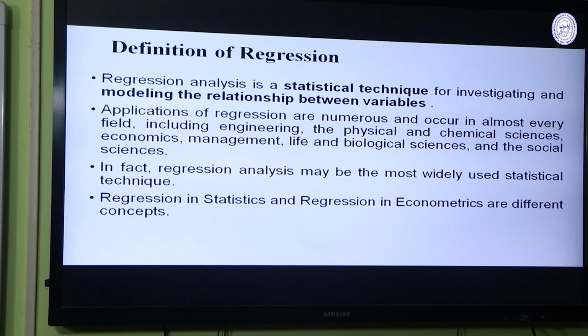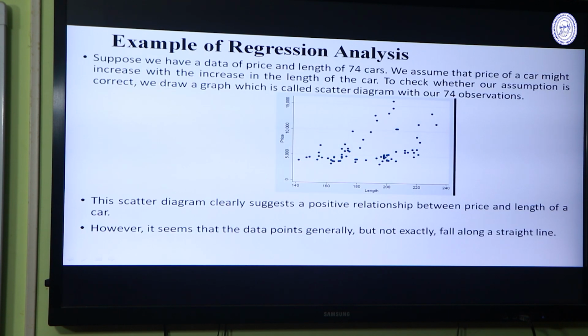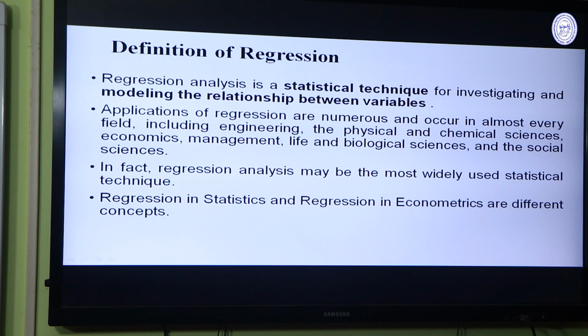But regression in statistics and regression in econometrics are two different concepts, which I would like to elaborate a bit. Now, suppose we are talking about an economic relationship. Suppose we know that consumption depends upon income.